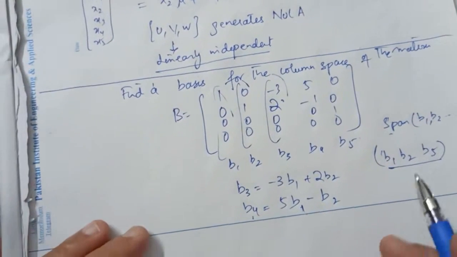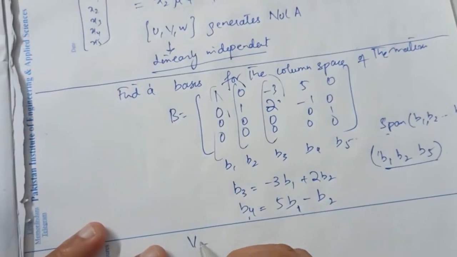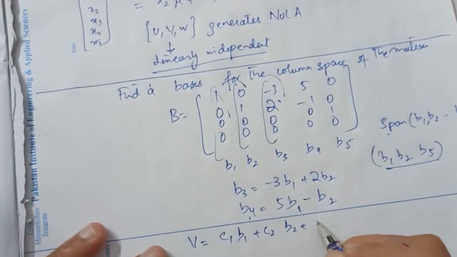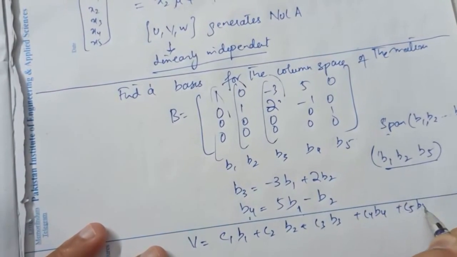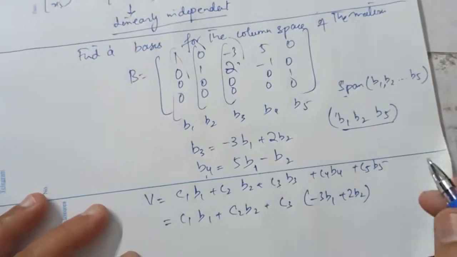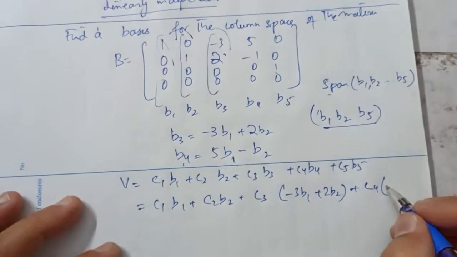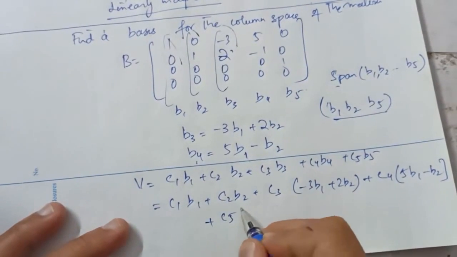Okay, so in this case, if v is any vector in the column space of B, I can write this as c1 times B1 plus c2 times B2 plus c3 times B3 plus c4 times B4 plus c5 times B5. The point I was making earlier is that B3 can be written in terms of B1 and B2, and similarly B4 can be written as 5B1 minus B2, plus c5 times B5.